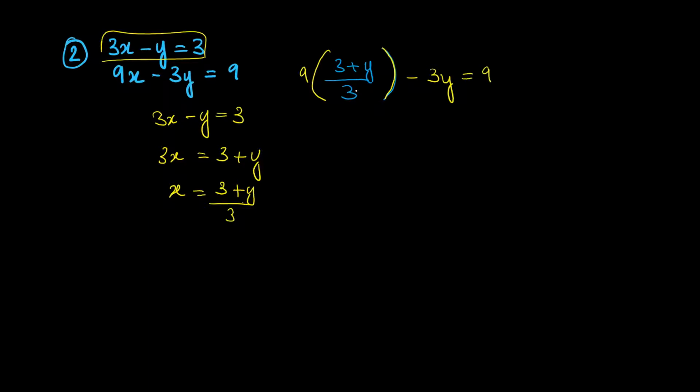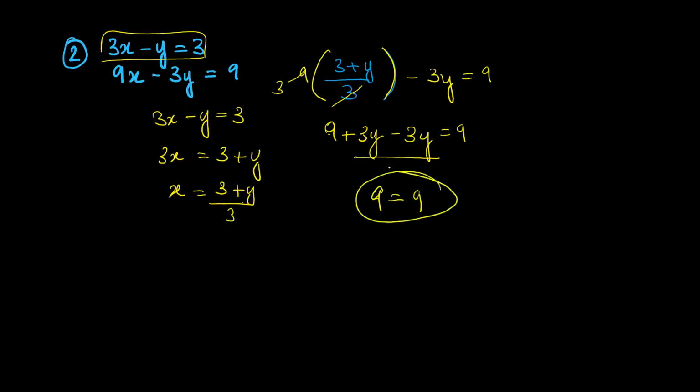Now by solving this, I can cancel the 3s and I'm going to get 3 plus y minus 3y equals 9. These y's are going to cancel out, and what I'm going to get is 9 equals 9.